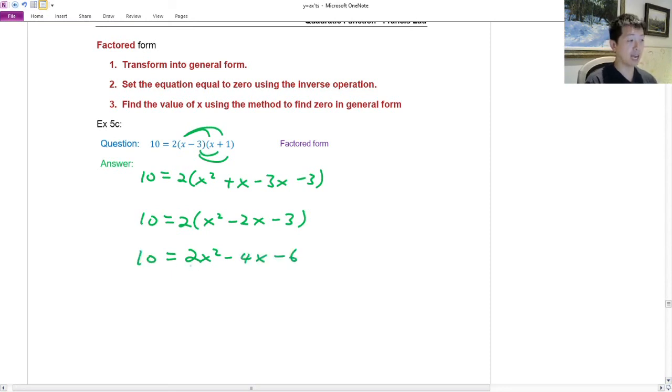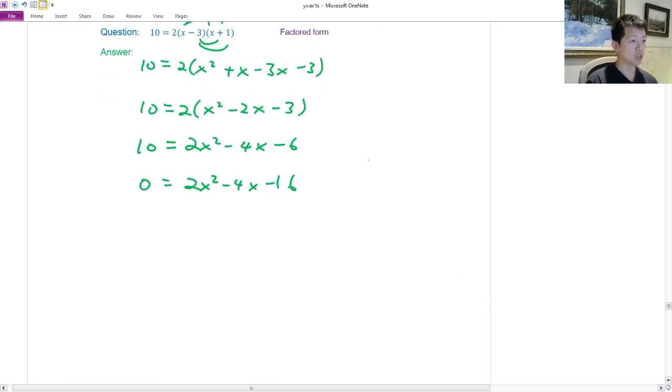Move the 10 to the other side, so I'll have the equation equal to 0. So that becomes exactly the same example as before. So I'll actually do this quicker, or you can fast forward.